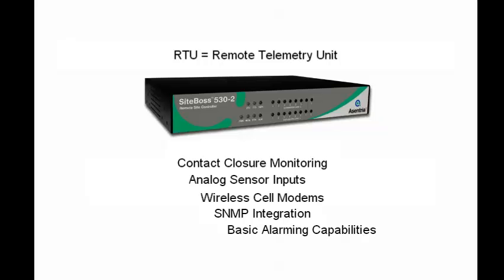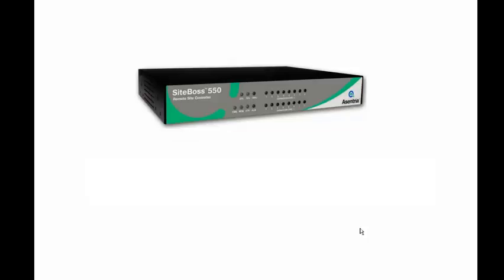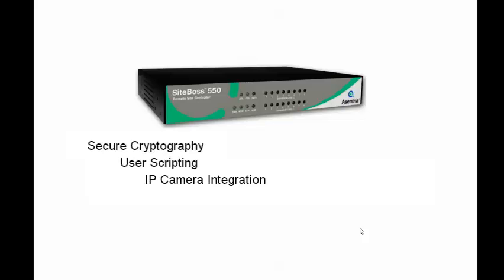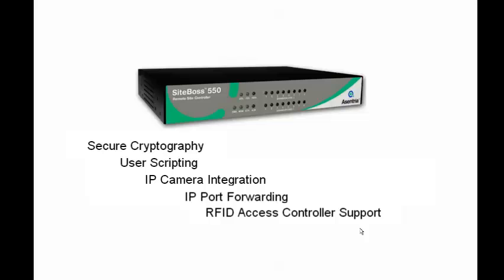The 550 is the same product, but with additional software capabilities, such as secure cryptography, user scripting, IP camera integration, IP port forwarding, RFID access controller support, fuel level monitoring, generator management, and on from there. The 550 is a highly advanced site controller tool, giving you a wide selection of capabilities for remote site monitoring.